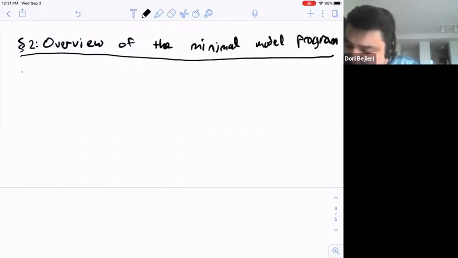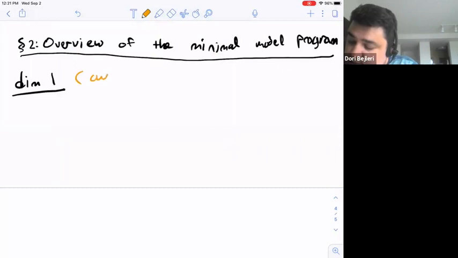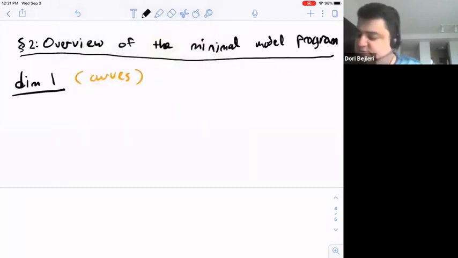Okay, so let's start with some prehistory, which is the dimension 1 case, or what we'll call curves. So the first really important fact about curves that you learn is that every curve is birational to a unique smooth projective one.